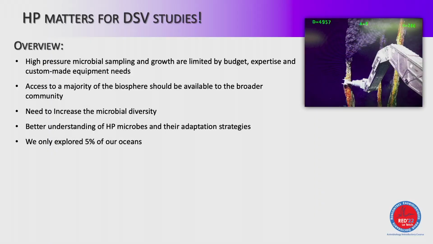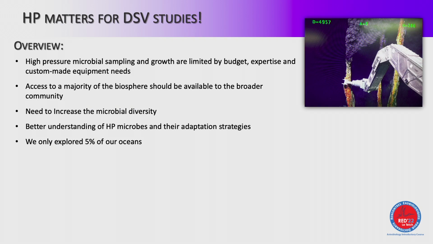So here the idea is to make this equipment available to the whole community, a broader range, and it could allow all the scientists interested in the biosphere to access the majority of the biosphere. We really need to increase the known microbial diversity, because we don't know a lot about them, also because of the high pressure equipment.